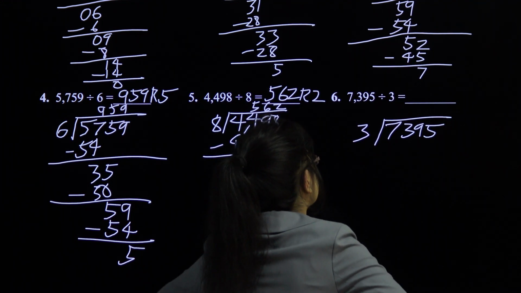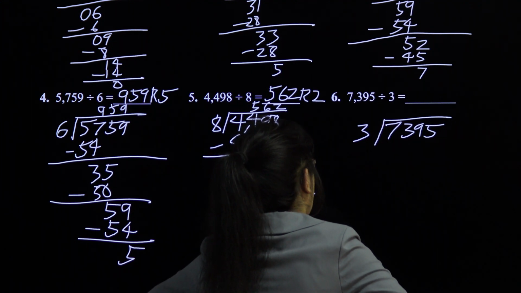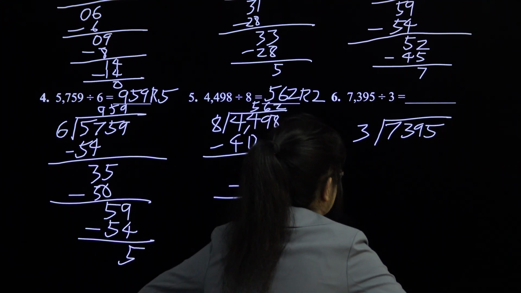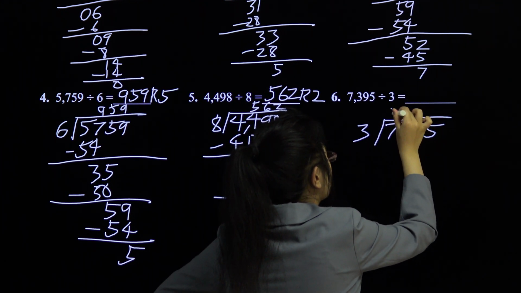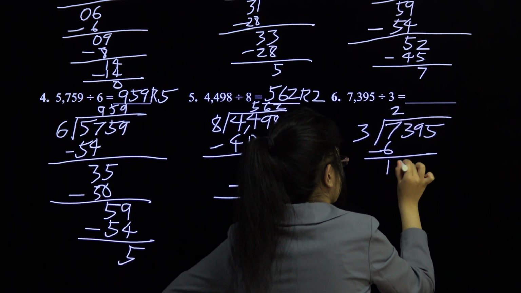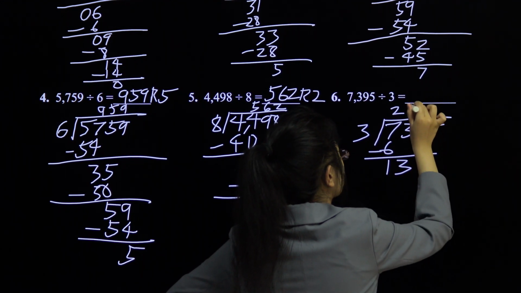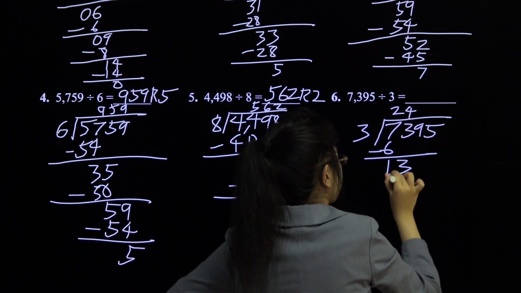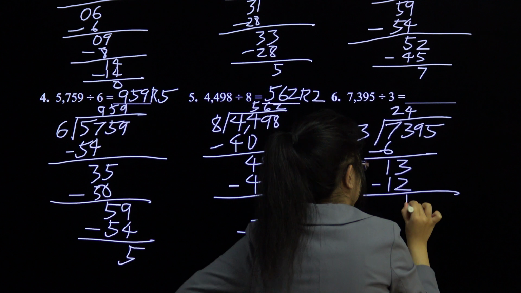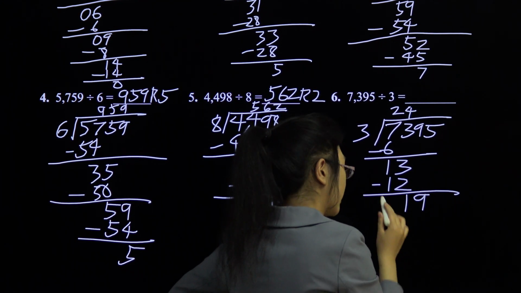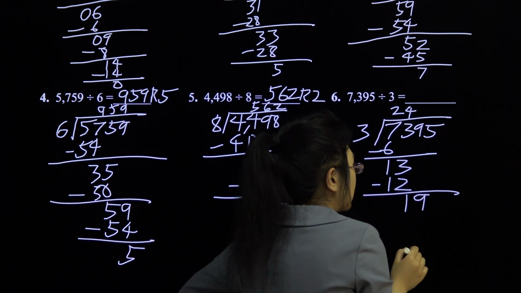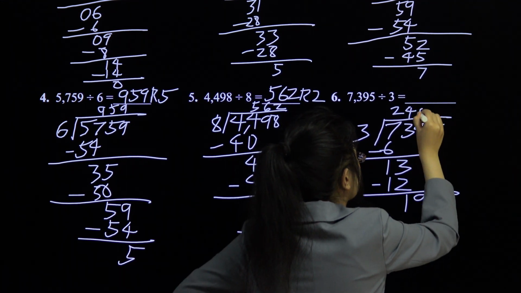Anyhow, 3 goes into 7 twice. You end up with 1. You drag down the next digit, 13. 3 goes into 13 4 times. That's 12. You get 1. You drag down the next digit. 3 goes into 19 6 times.